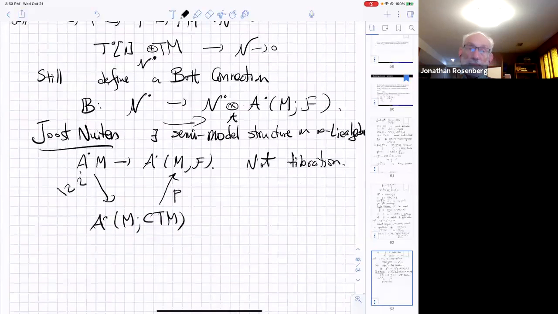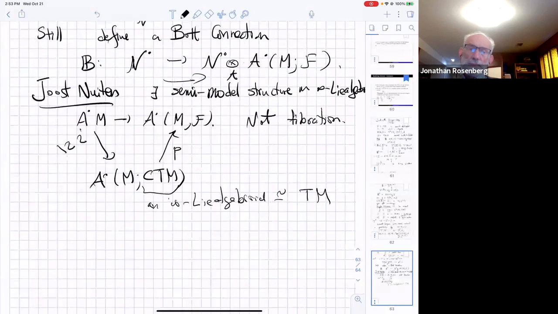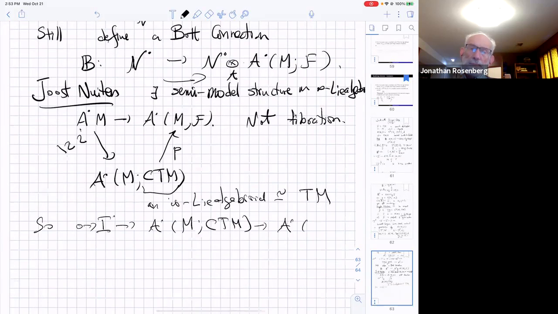So this is an infinity Lie algebroid equivalent to Tm. Here we still have an exact sequence, A dot to A dot of M, C Tm, and then that goes to A M F, and it goes to 0.